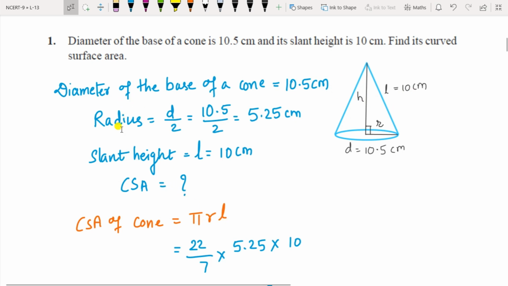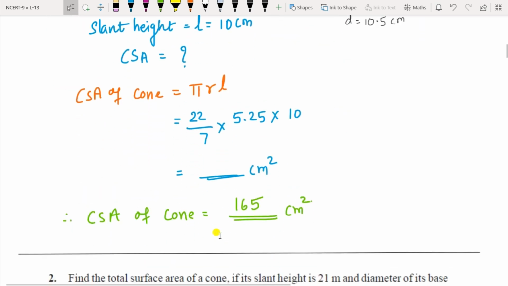Diameter is given, so radius will be d by 2, that is 10.5 by 2 is 5.25 centimeter. Now substitute pi as 22 by 7, r as 5.25 and L equal to 10. On solving, you will get the answer as 165 centimeter square. That is the curved surface area of the cone.